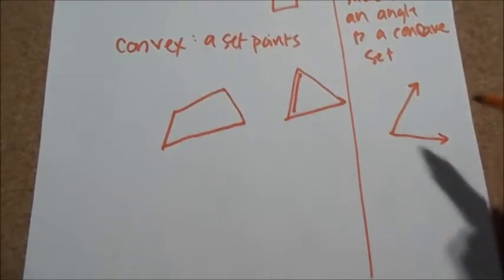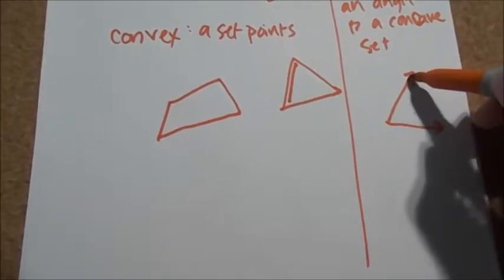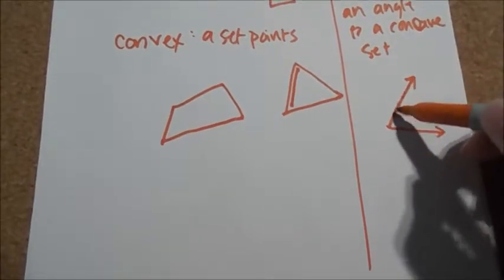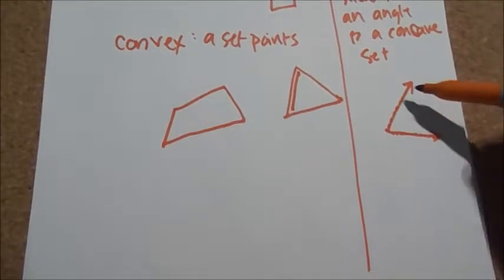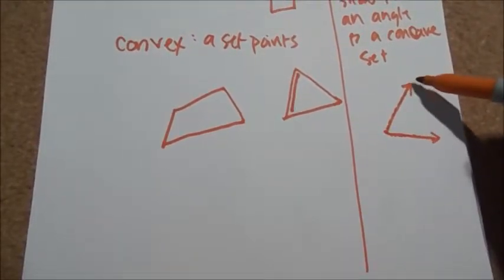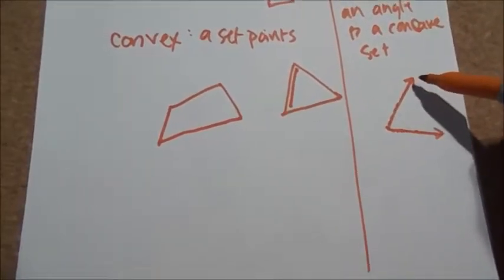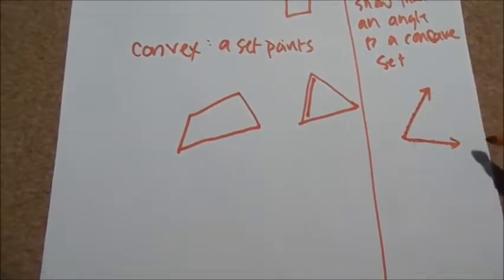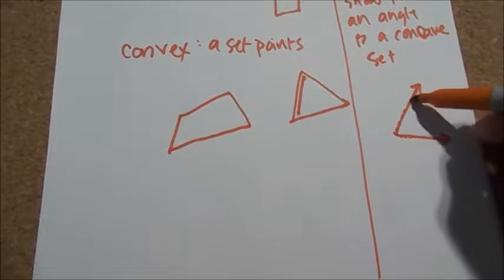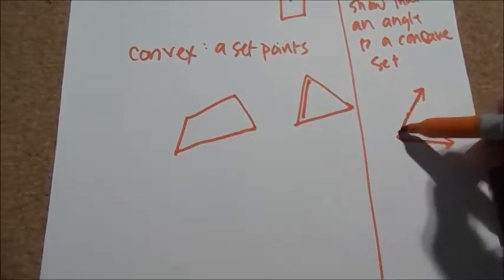So the set of points that make up an angle are only the ones that are on this line. So I'm not talking about an interior of an angle. I'm talking about the angle itself. The angle is only comprised of this line and this line. I guess ray. This ray and this ray. But the ray is full of points.